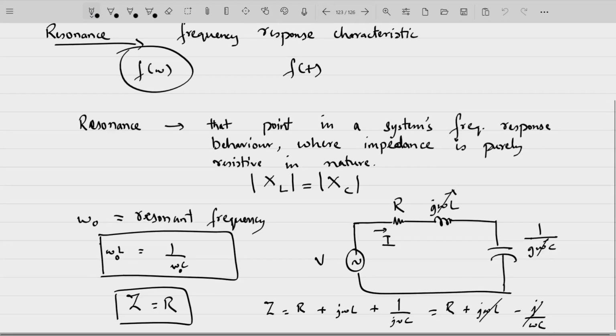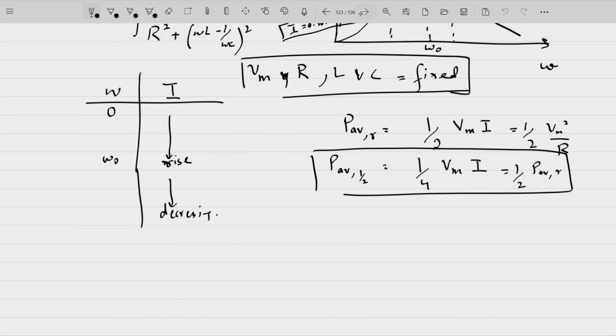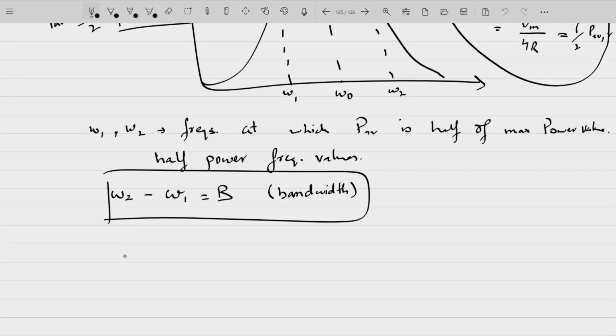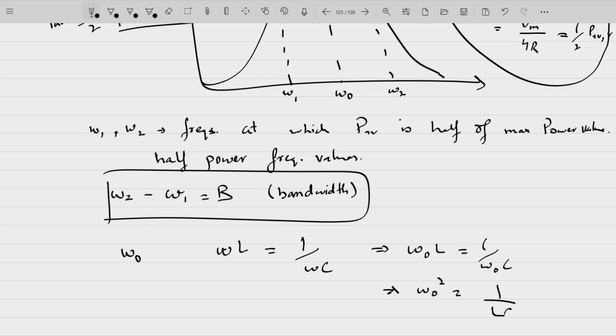And as I was saying, we have not yet derived the expression for resonant frequency. What we have established is that at resonant frequency omega L is equal to 1 by omega C, or in other words omega naught L is equal to 1 by omega naught C. So omega naught square equals 1 divided by LC.